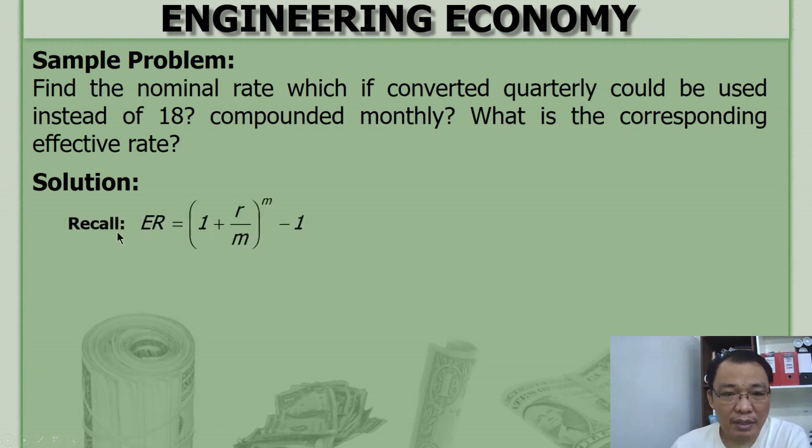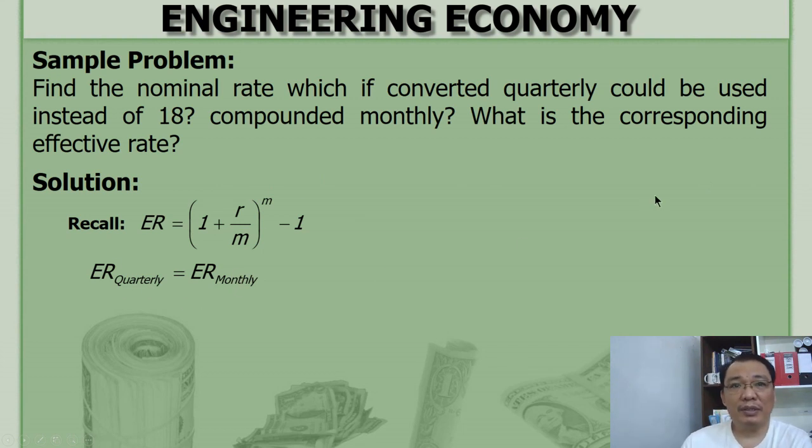So, let's recall, this is the effective rate. And for this one, we compare. Effective rate quarterly is equal to effective rate monthly. This is like the example I explained earlier about annuity: if the nominal rate and the mode of payment are not consistent, then you convert.